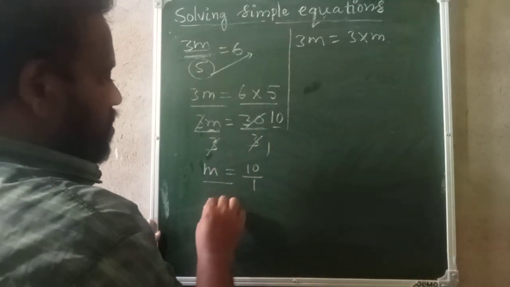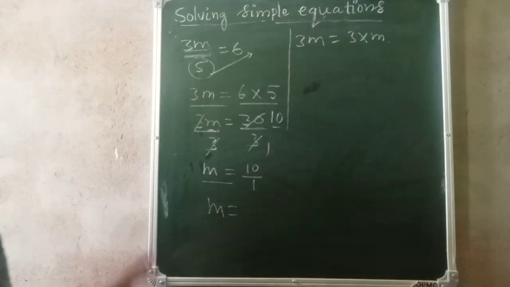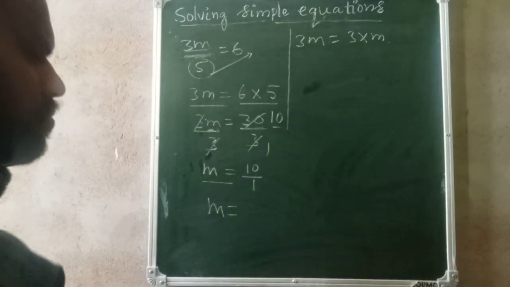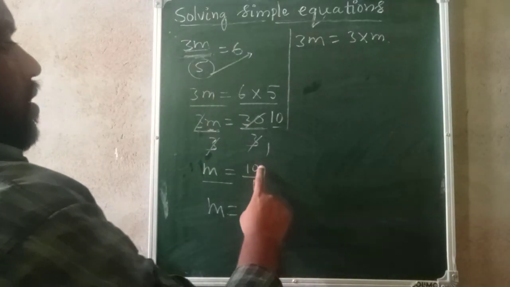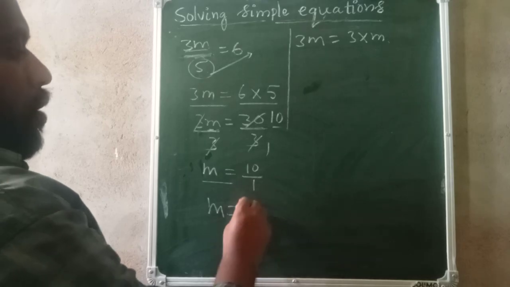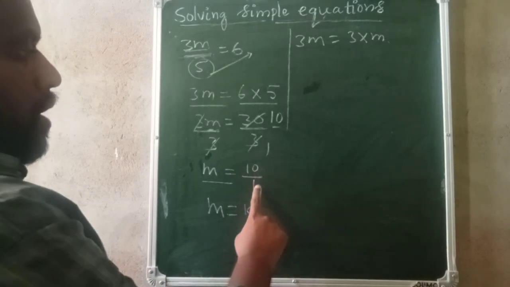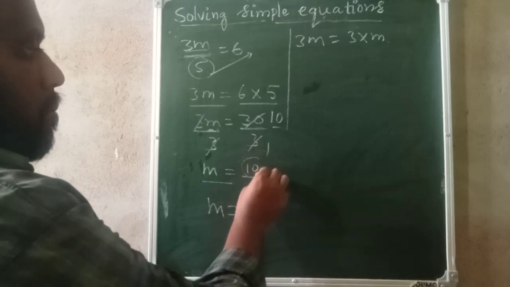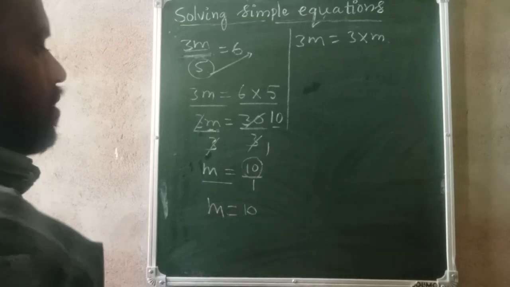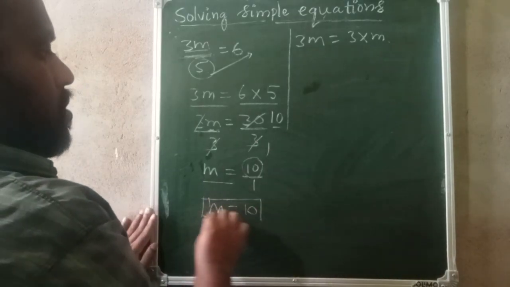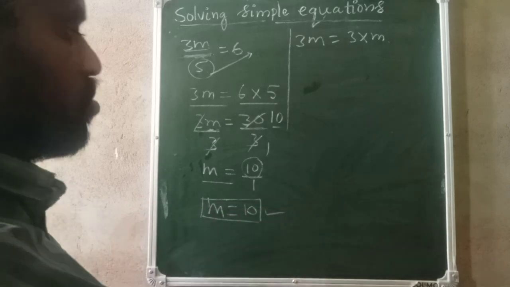So next step, write m is equal to, now 10 by 1 is 10 only. Because any number divided by 1, we get the same number, 10. So now m is equal to 10 is the answer.